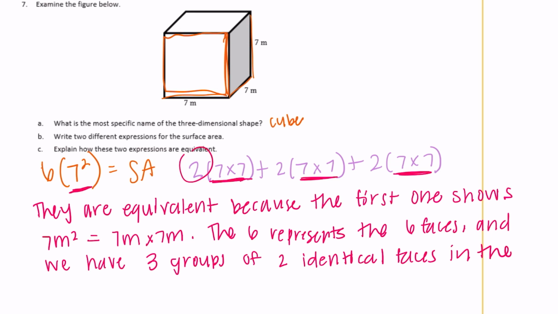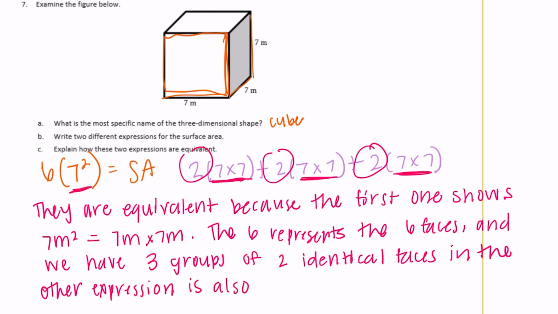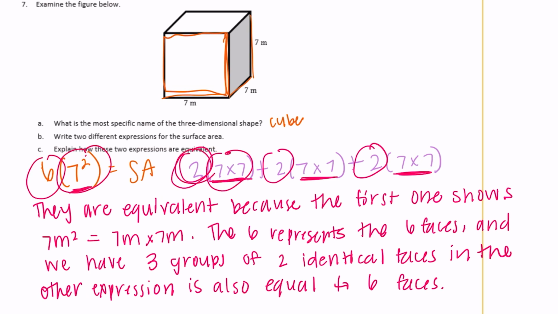So the 2 groups and 2 groups and 2 groups of identical faces in the other expression is also equal to 6 faces. So that's why they're equivalent. So this 7 squared is equal to 7 times 7, and then the 6, we have 2 and 2 and 2, which adds up to 6.